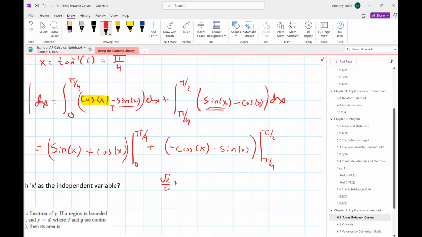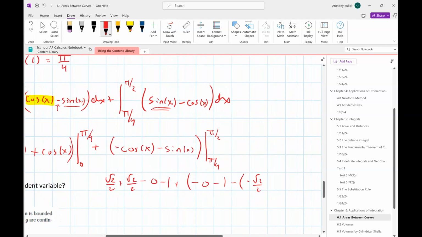root 2 over 2 plus root 2 over 2 plus or minus 0 minus 1 plus negative root 2 over 2 plus, oops, sorry, that should be pi over 2, so that should be plus, then negative 0 minus 1 minus a negative root 2 over 2 minus root 2 over 2.